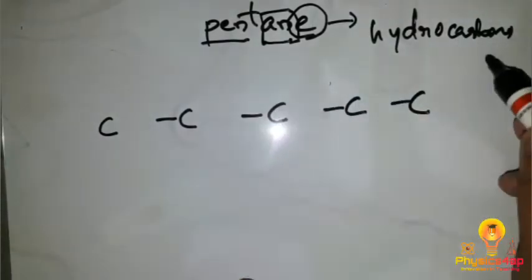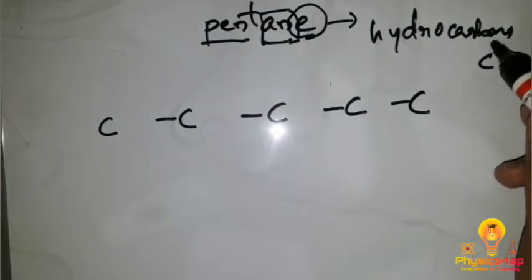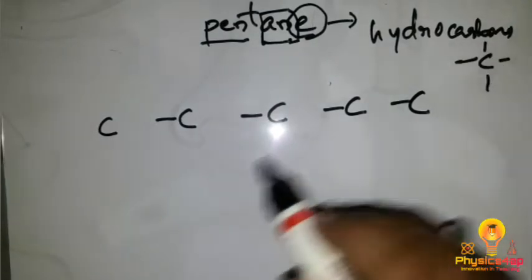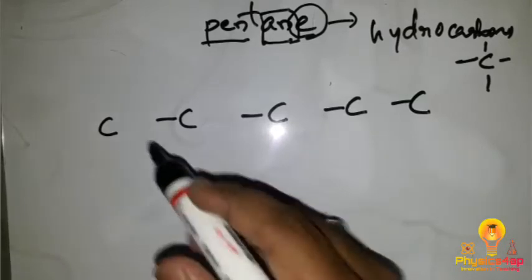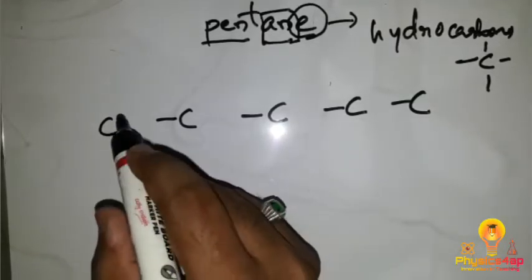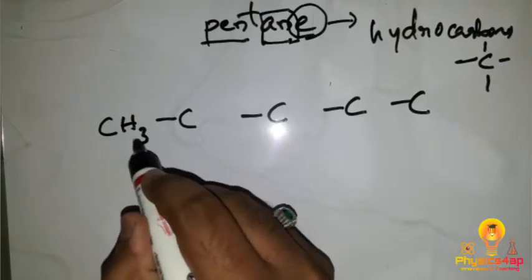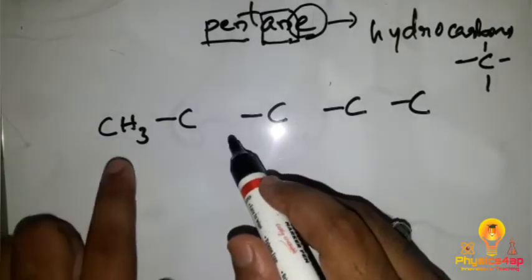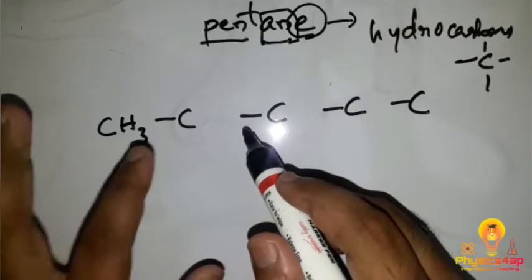And remember that carbon can hold 4 bonds. Here we already have a carbon, and one bond is attached, which means we need 3 hydrogens over here. So 3 plus 1 bond, total 4.